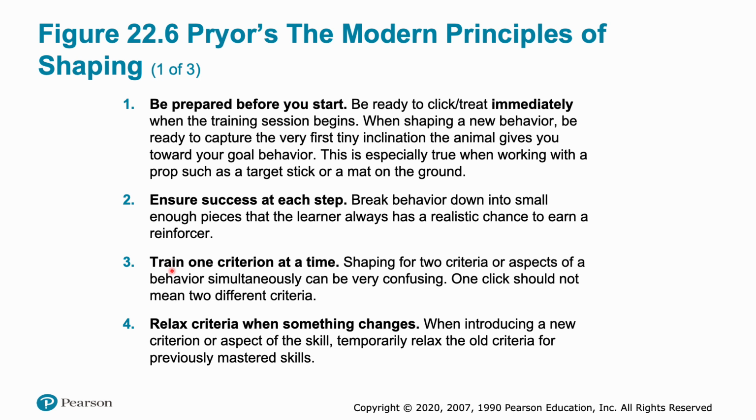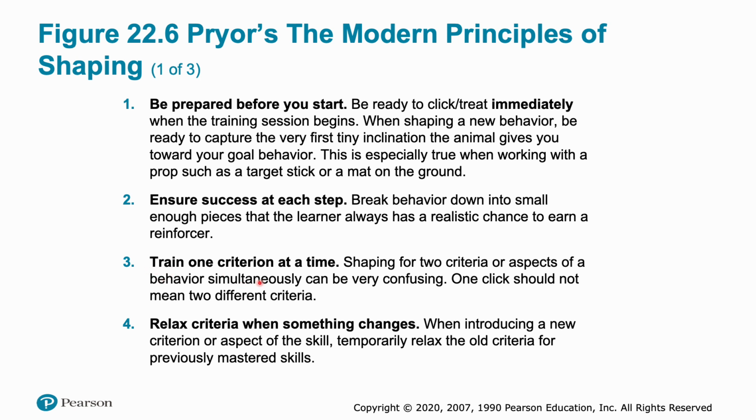So I focused on increasing the amount of work they can tolerate first, shaping that up first. Once that was strengthened within their repertoire, then I went ahead and I worked on increasing the distance that they could tolerate being away from me. So that's just an example of how we would focus on one criterion at a time.